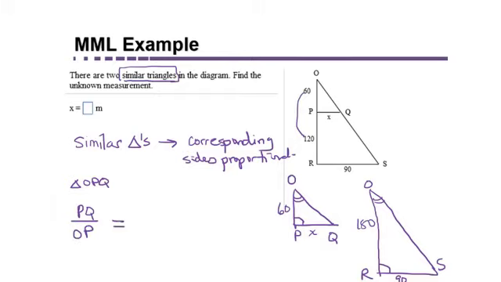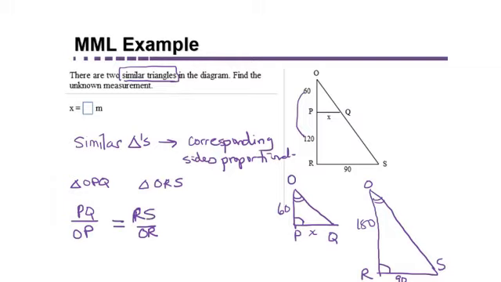But that means that I have to make sure that I compare it to the sides that actually correspond. So OP appears to correspond to OR, for example. So I'm going to compare OP to OR in the second triangle. And then PQ appears to compare to RS.